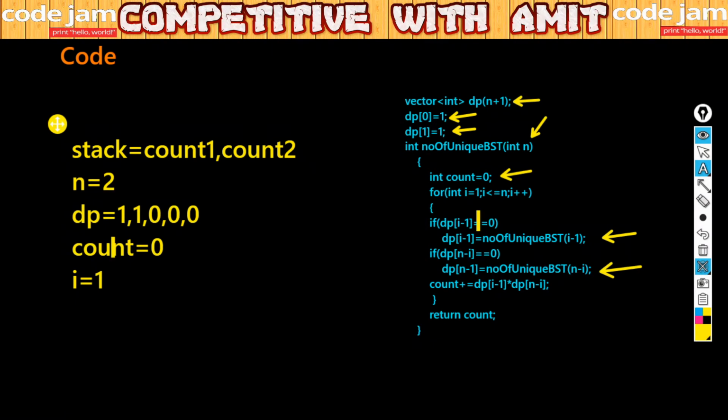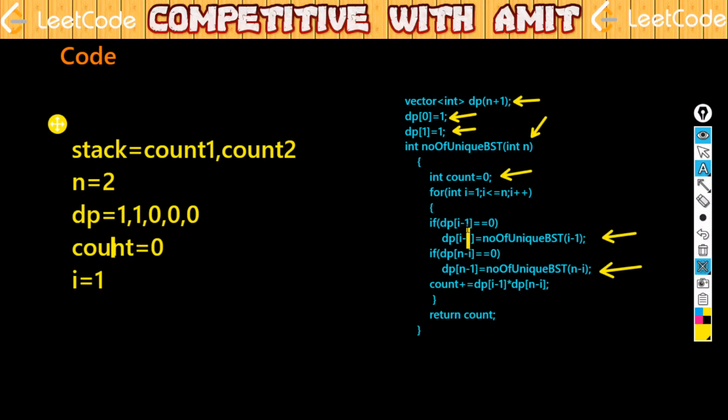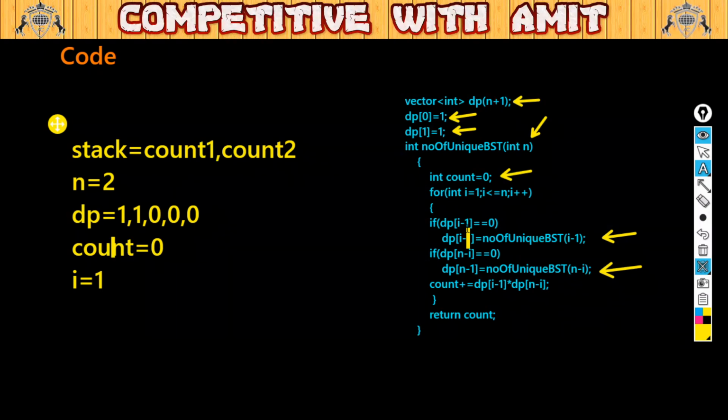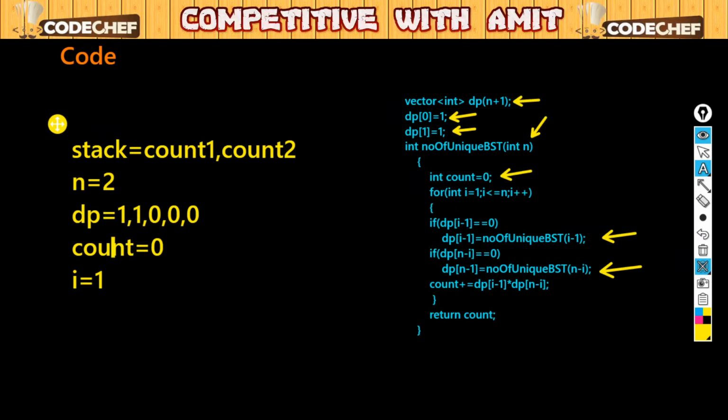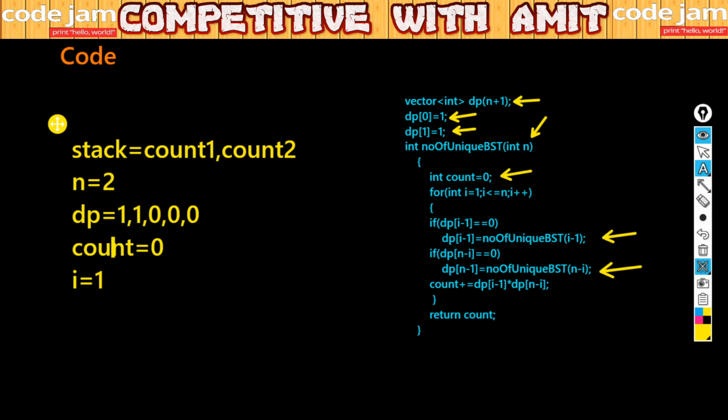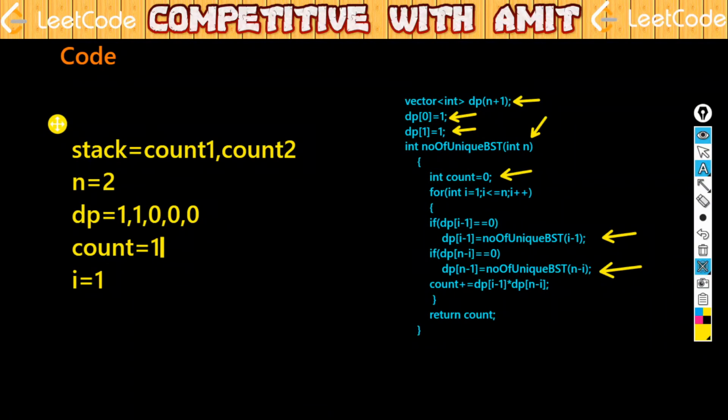Now after that what we are comparing is whether i minus 1 is equal to 0 or not. In this case dp's index is 1 and n is equal to 2. So n minus 1 is 1. So this is also not equal to 0. So now count will be initialized with 1.